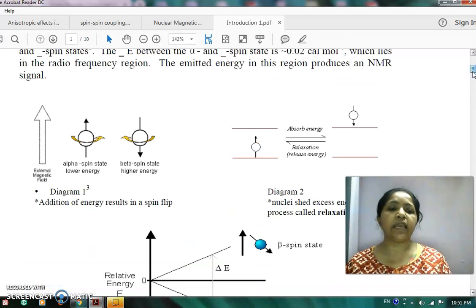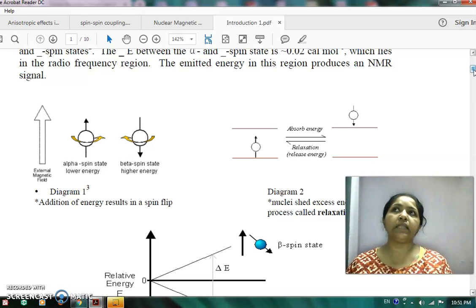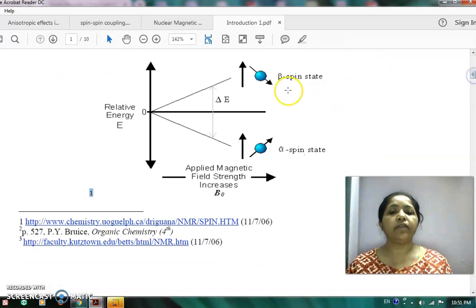Now, to study any molecule, supposing the NMR of the molecule, or the number of hydrogens or protons in the molecule, we have to take a reference where we have taken this particular gap.